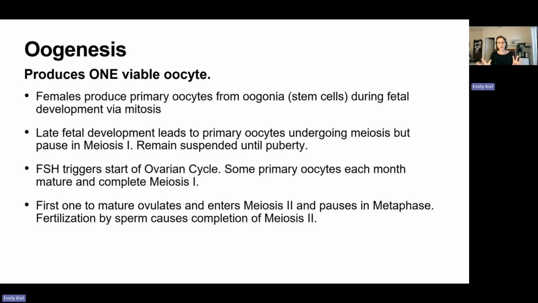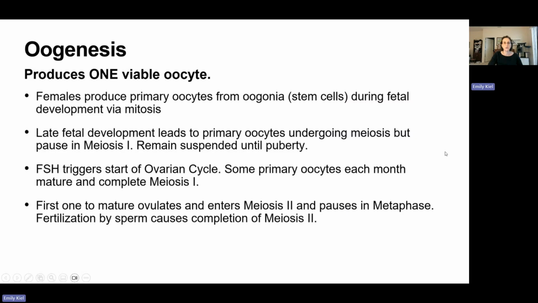So you may divide and end up with 4 nuclei, but every time the division happens, the cell that is going to become the egg is going to receive all of the cytoplasm and most of the organelles. And so the other 3 structures are known as polar bodies. They're just little nuclei with not enough left. They're not really going to have what's needed to be fertilized and become an embryo.